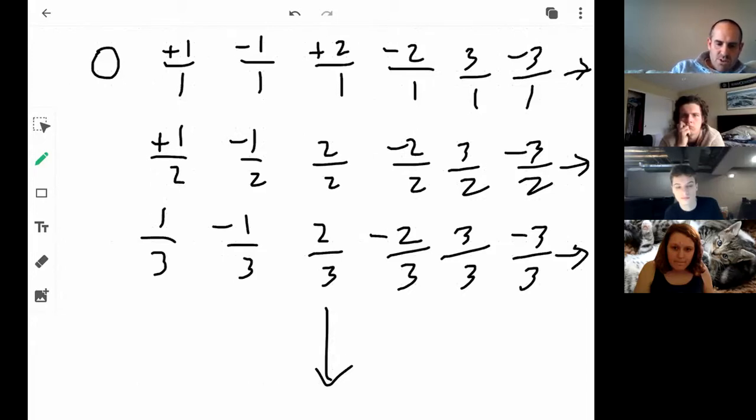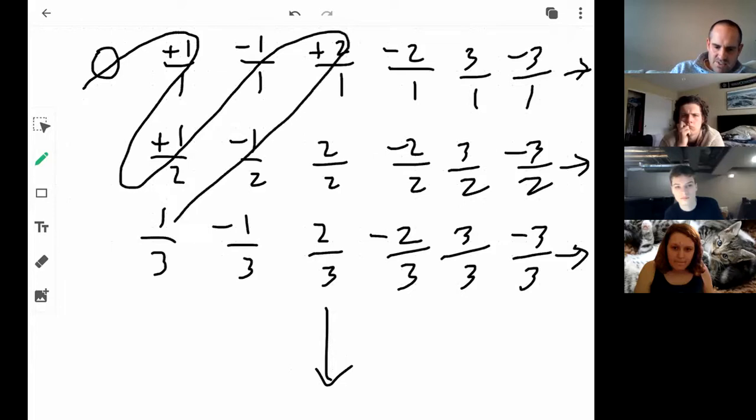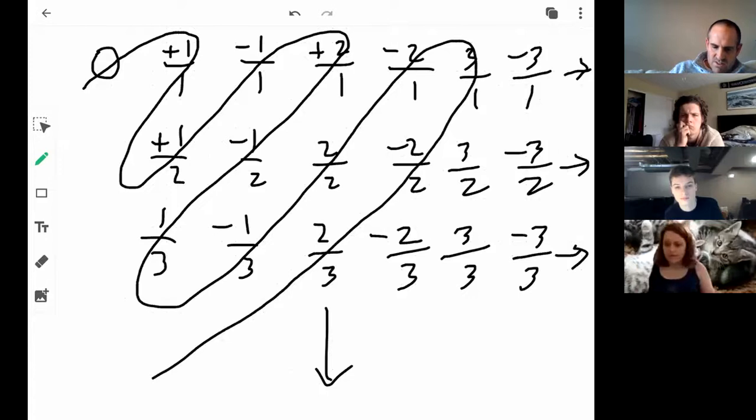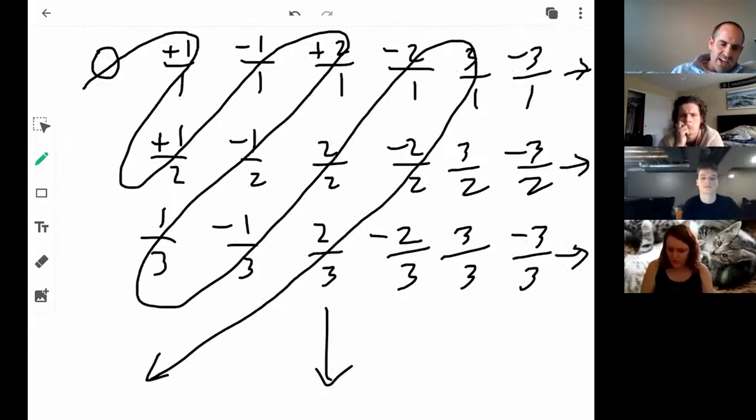I snake through it like this, and this tells me a way to list all of the rational numbers eventually. What would be the first number I would write down if I follow this snake?